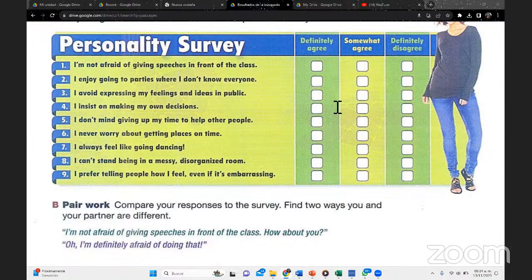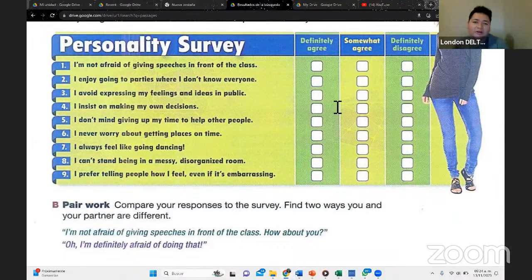I think that I agree. Yeah, I definitely agree. Maybe I can overcome the panic to give a speech in public. Like, I don't feel panicked. I can be in front of the class or in front of a very big group.